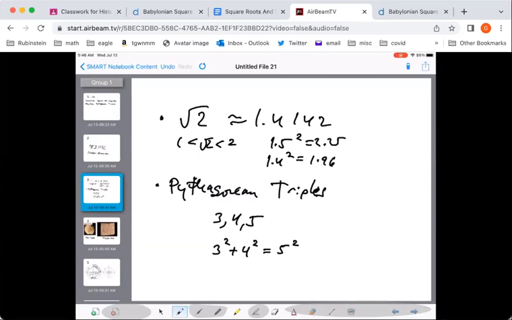So maybe you try 1.45, and that's too big. And you just keep going up and down, and you would be able to get decimal places, but that's a guess and check algorithm. We need something a little better than that, and we're going to get that today from the Babylonians.